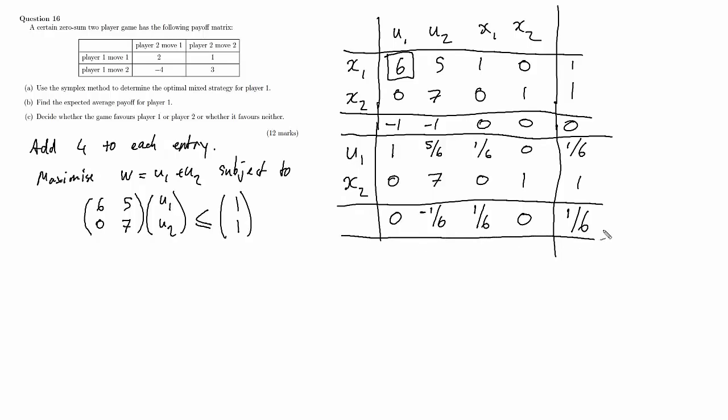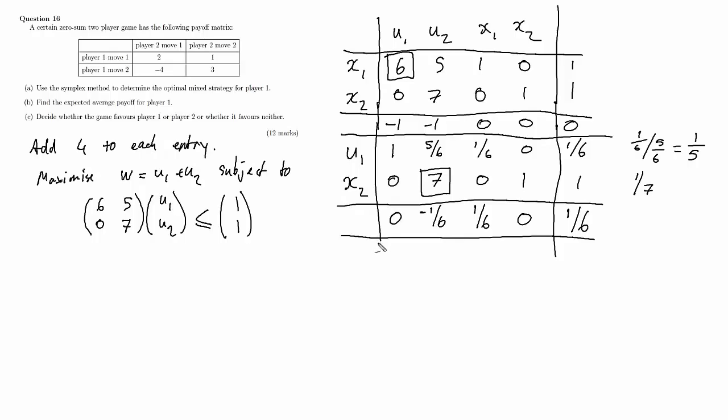This time we only have one negative value in our bottom row, so this means that our entering basic variable is U2. Now let's look at the values of the right-hand column divided by the values in the column for U2. 1 on 6 divided by 5 on 6 is 1 on 5, and 1 on 7 is just 1 on 7. 1 on 7 is smaller than 1 on 5, so this value becomes our pivot point.